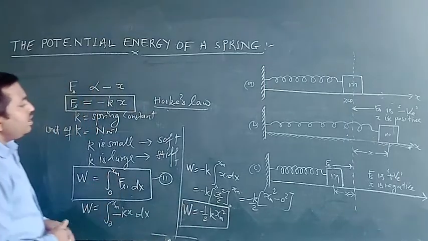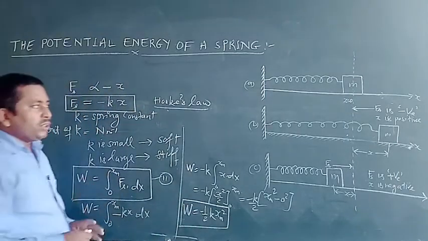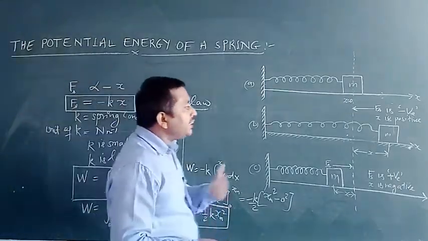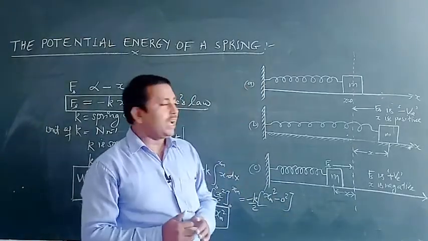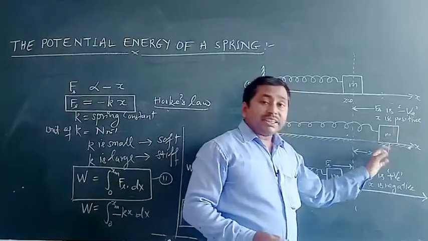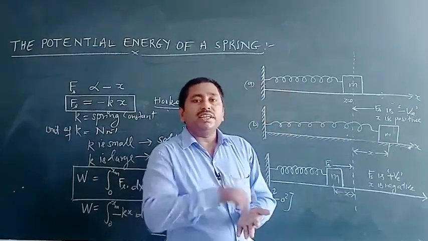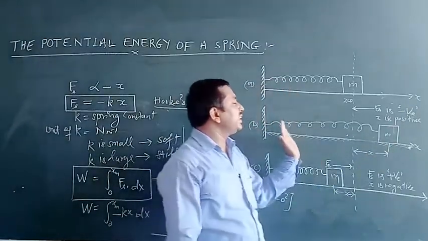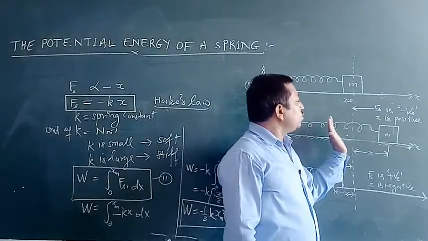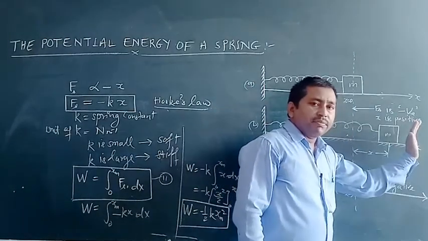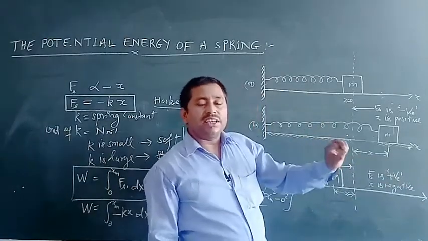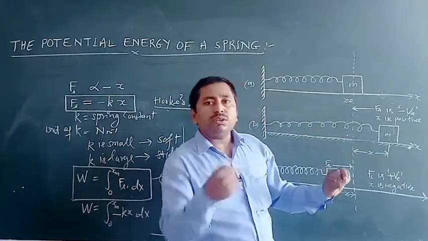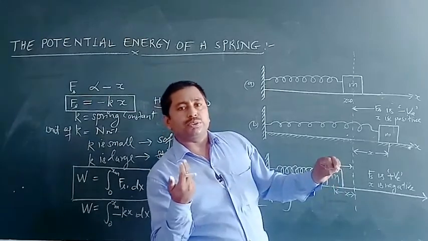Okay, now as we know that this work is done by the spring force, but as you all know, this object can be displaced by an external force whose direction is acting towards the displacement, and the value of that external force is always equal to the value of the spring force.